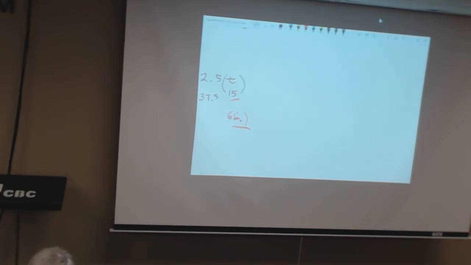Let's change colors here again. H equals 32.2 plus 2.4 times the tibia.